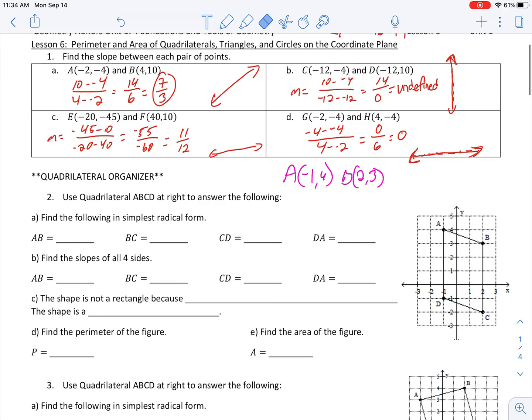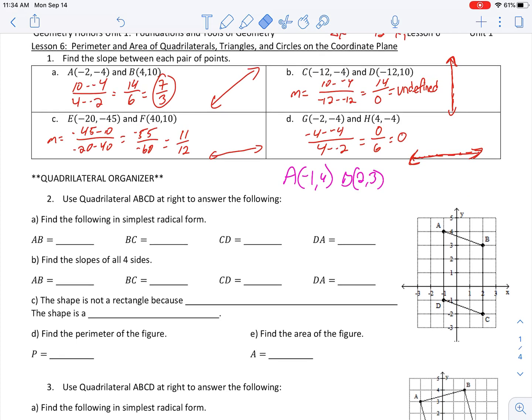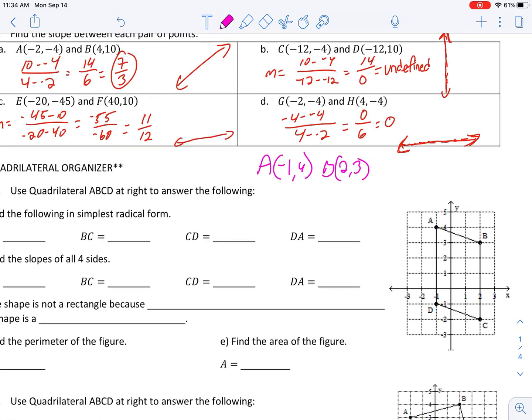Because we have it on a coordinate grid, you could also use your Pythagorean theorem. We talked about Pythagorean theorem helps kind of create the distance formula. So what you could also do then, to find the length of A to B, is create a quick right triangle. Find the horizontal and vertical leg. So from A to B up here, 1, 2, 3, that's a leg of 3, that's a leg of 1.